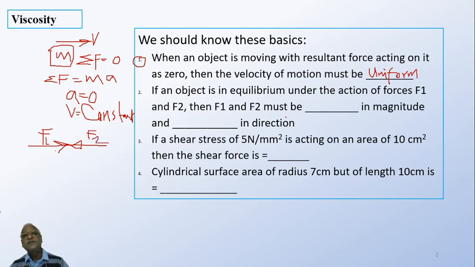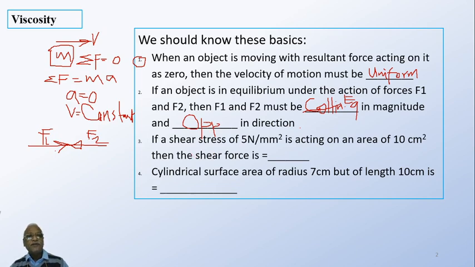So the answer is they must be collinear, in the sense they should be acting in the same line, but opposite in direction. Dash in magnitude is equal in magnitude. So what I can write is equal in magnitude and opposite in direction. That is the second statement.